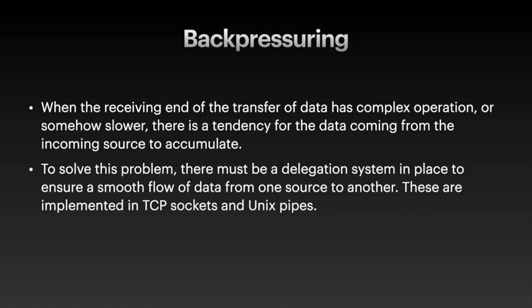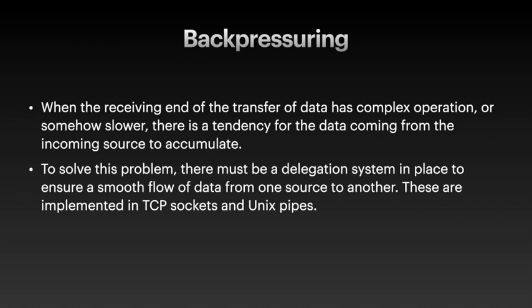When the receiving end of a data transfer has complex operations, like the writable stream, and the incoming source of data just sends you chunks of data that are, let's say, encoded or encrypted, and you have to decrypt or decode them and then put them in a presentable format, obviously this is kind of costly.